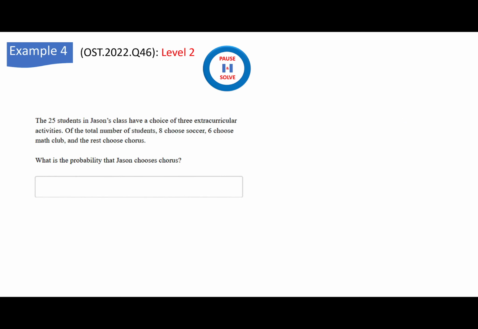Example 4. The 25 students in Jason's class have a choice of 3 extracurricular activities. Of the total number of students, 8 choose soccer, 6 choose math, and the rest choose chorus. What is the probability that Jason chooses chorus?